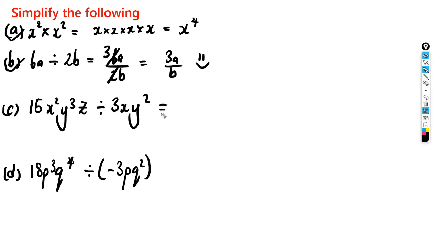Now let's move on and look at this example. We have 15x squared y cubed z divided by 3xy squared. So what we actually do in these cases, guys, when we have x as a denominator and x in the numerator, the first thing we want to do is divide the coefficients.